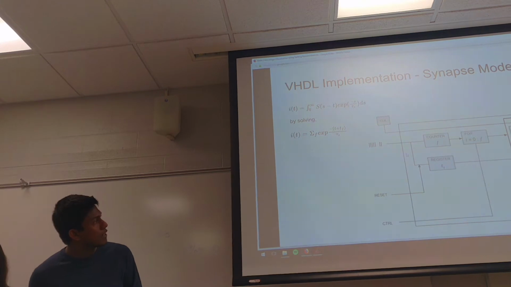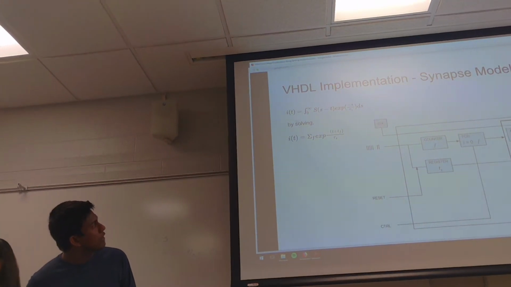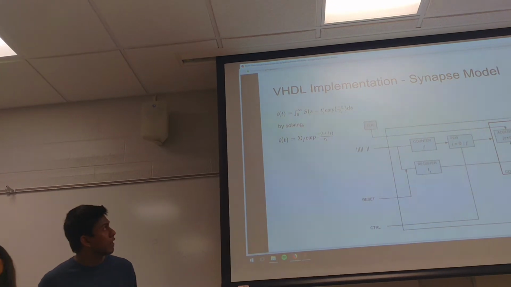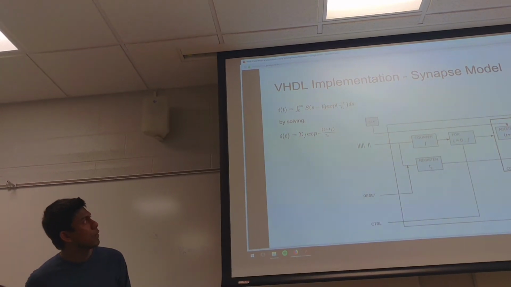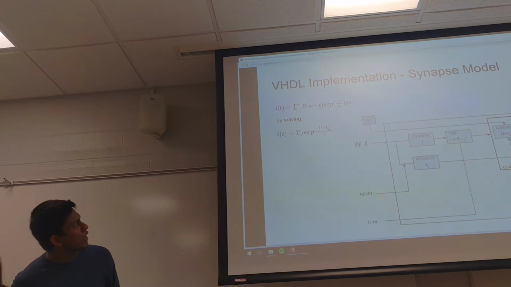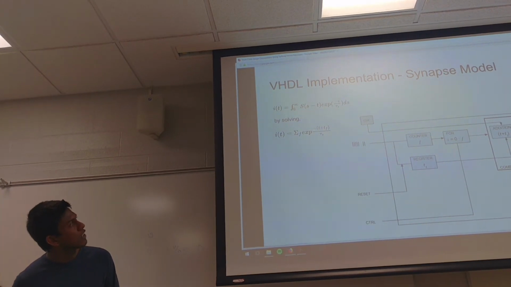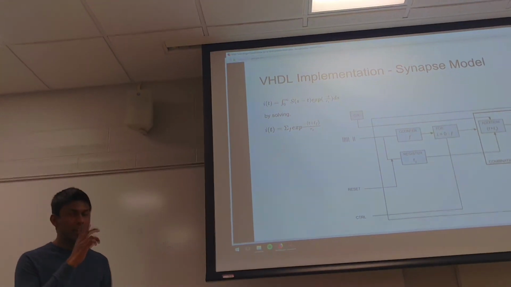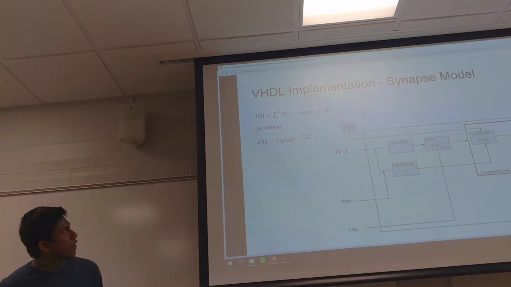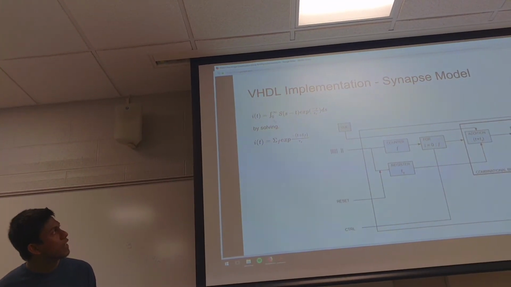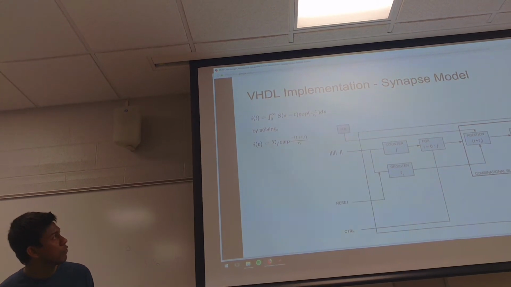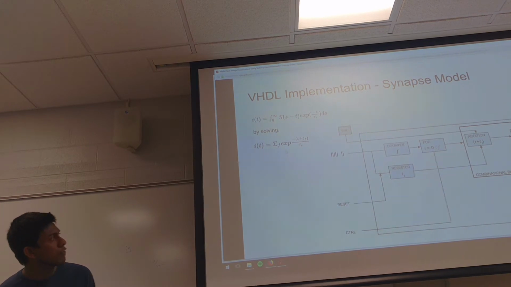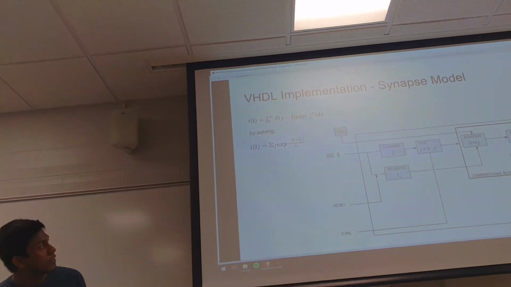And then we have the synapse model. This is the same equation that we saw in the synapse model equation, and we did some math. This S minus T part comes from an equation called the Dirac delta equation. If you integrate that part using the Dirac delta properties, you get this equation finally. This is the equation that we plan to implement in the synapse implementation.